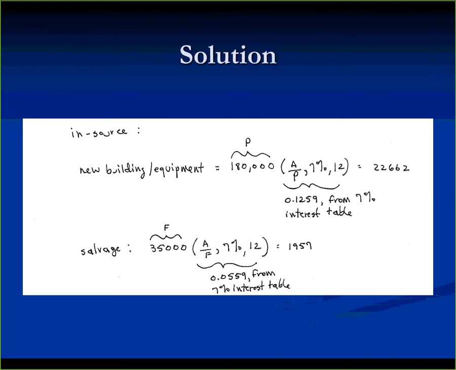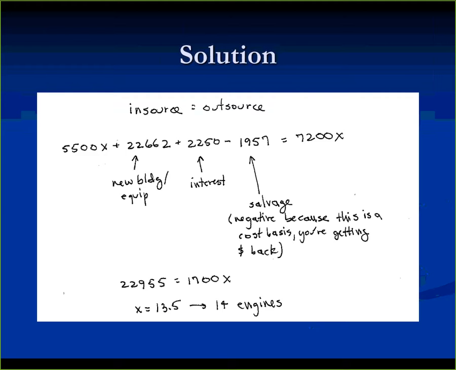So that's 1,957. And then you're going to set your insourcing terms equal to your outsourcing terms. So for insourcing, $5,500 per engine, 5,500x, plus the 22,662, which is your annualized value for the new building and equipment, plus your interest, which was the 1.25% of your current equipment and building, and that's 2,250.